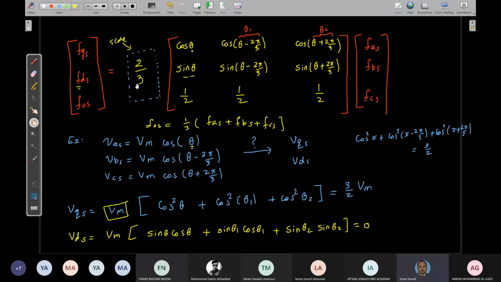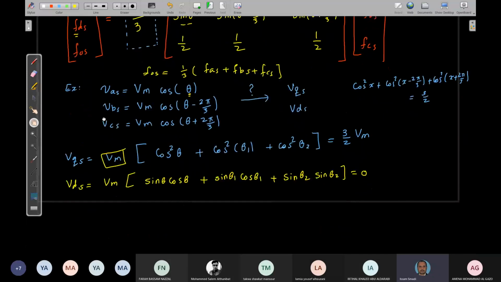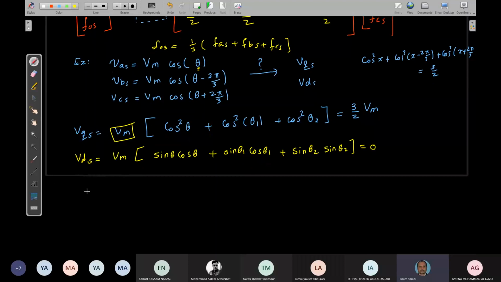Now, you know that without the inverse of the transformation, this transformation is useless because my actual domain is the ABC, not the QD. So I need to find the inverse transformation. I need to find the KS inverse. Simply, this is a 3 by 3 matrix.